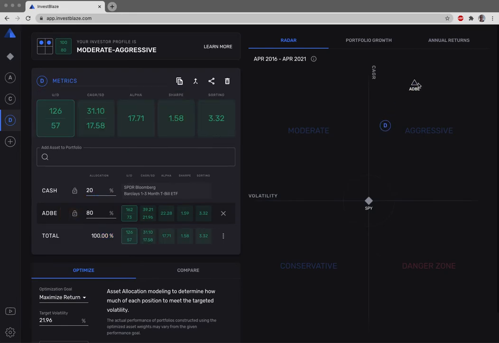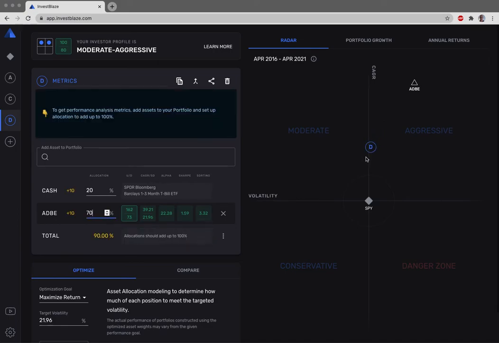Now the portfolio, which is represented by the D, shows that Adobe, instead of being in the upper right-hand corner extreme, has moved lower and to the left, because as you go to cash, you're minimizing that volatility. You can add it to cash or decrease it from Adobe. It doesn't matter. It's the same math. So if I take it from 80% Adobe, see how this has moved?